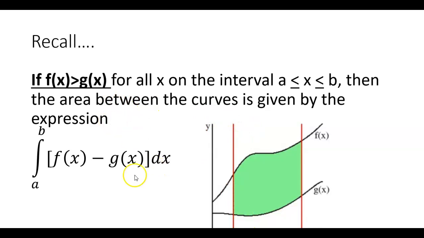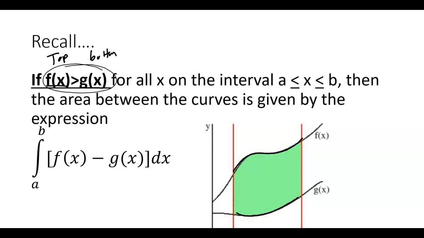Well, the same thing is true when you're integrating with respect to y, but let's review this really quick before we move on to the y things. When f of x is greater than g of x, you can tell because f of x is above the g of x. So when you look at this, f of x is greater than g because it's above it, right? It's higher up than the g function is.